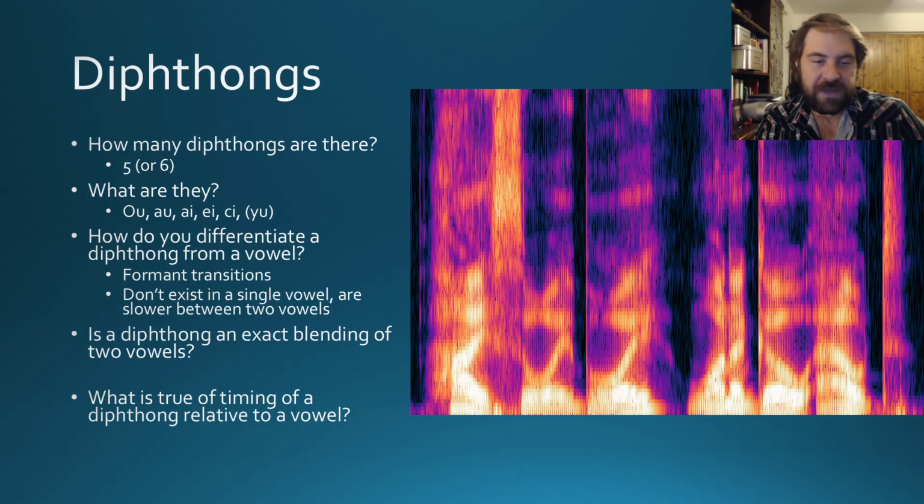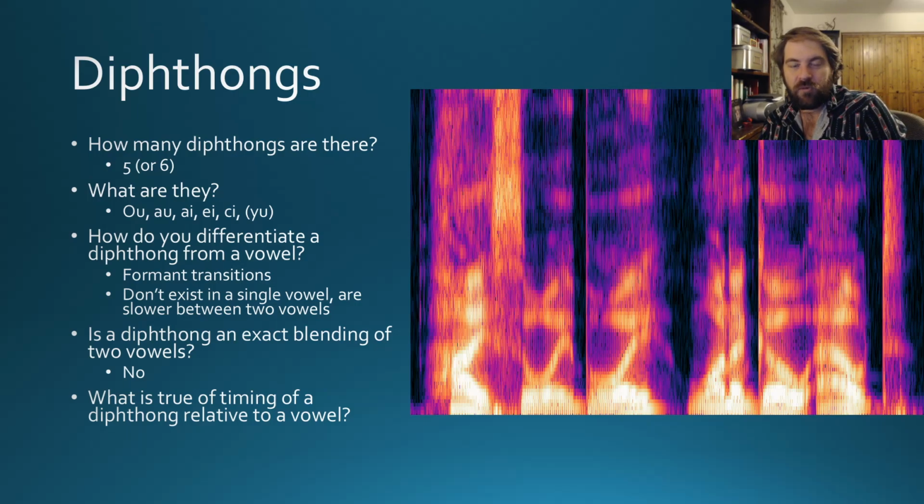No. Because if you look at ow, it doesn't go from o to oo. It doesn't go oh. It goes ow. So there's less movement in the diphthong. We say that it goes from o to oo. We say that it goes from ah to I.